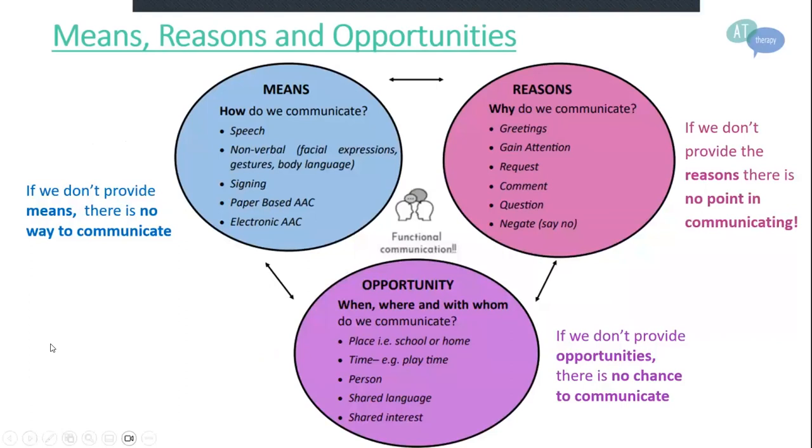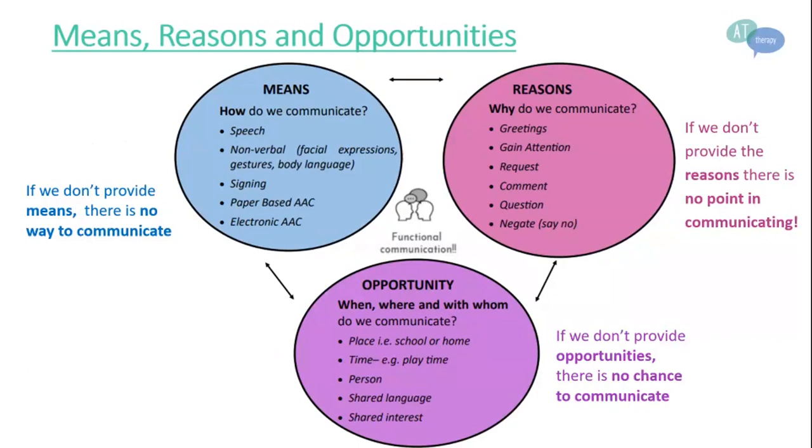Okay, so before we get started on talking about access, I just want to bring up the means, reasons and opportunities model. I think it's really helpful to think about when we discuss AAC. So a lot on this slide, but if we just look in the middle here, functional communication is in the middle.